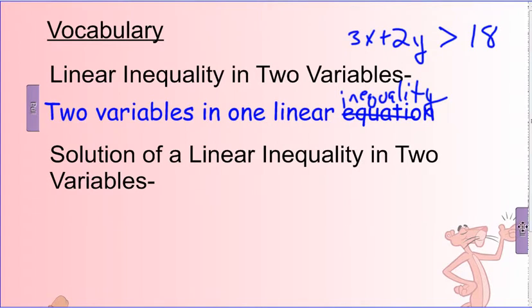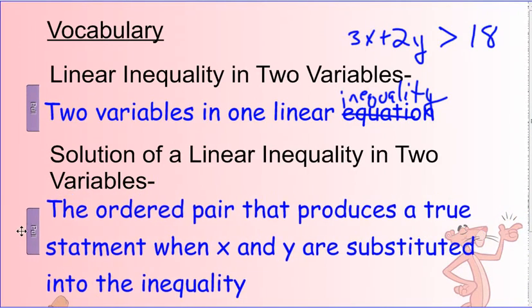And a solution of a linear inequality in two variables is the ordered pair that produces a true statement when x and y are substituted into the inequality. Basically, it's all the numbers you could plug into the inequality, and that thing is true.